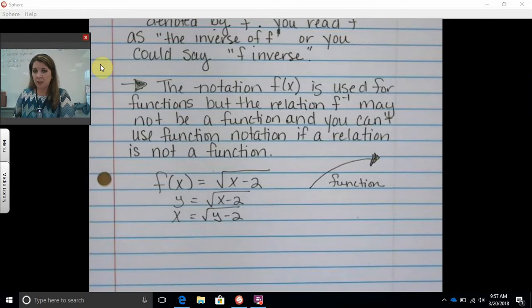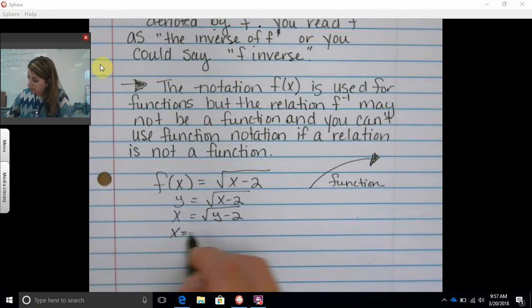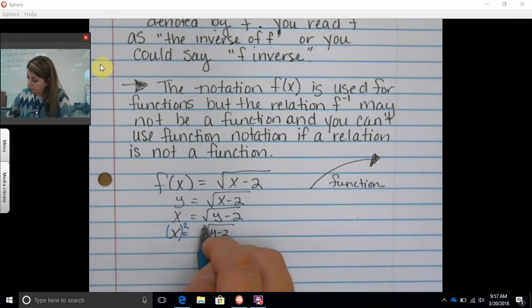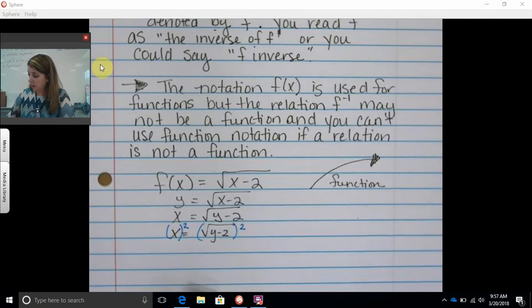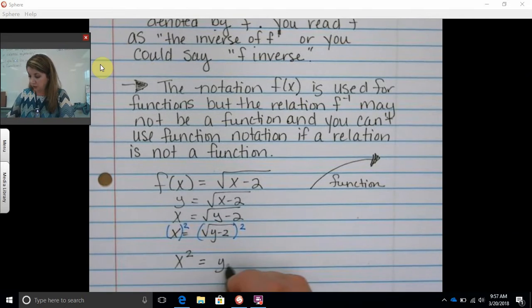And I want to get y by itself. Can I just add 2 to both sides? I will square both sides. So x raised to the second power is x squared equals, what is the square root of y minus 2 quantity squared? Y minus 2.